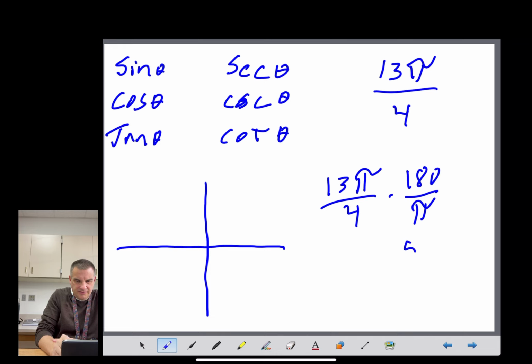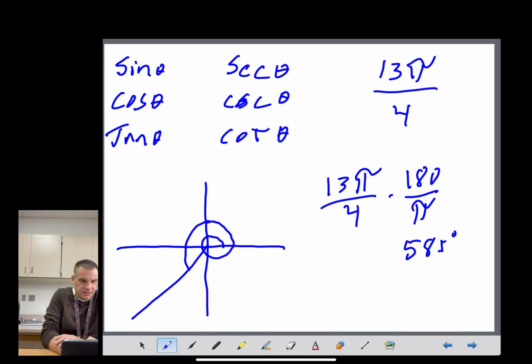So this is 585 degrees. So there's 360, there's 450, 540, there's 585 right there, so that makes this 45 degrees. So we've got 45, 45, 90. So that's my 1.